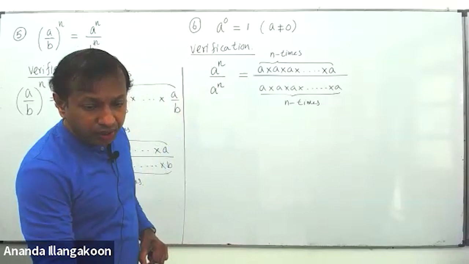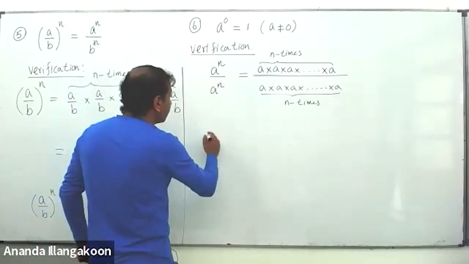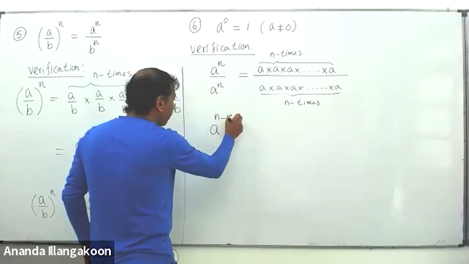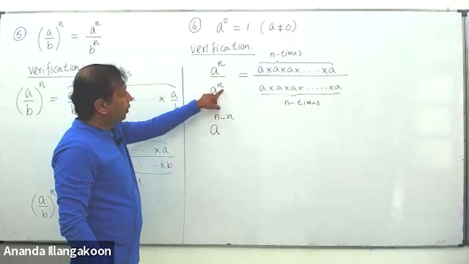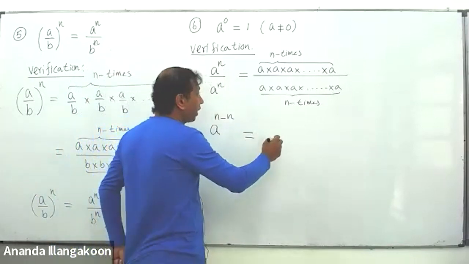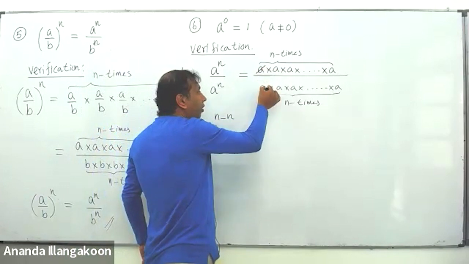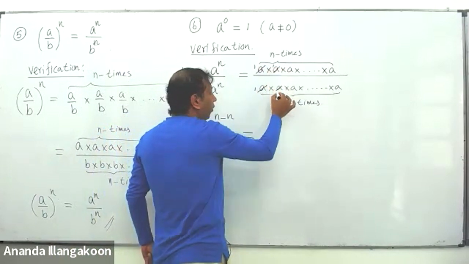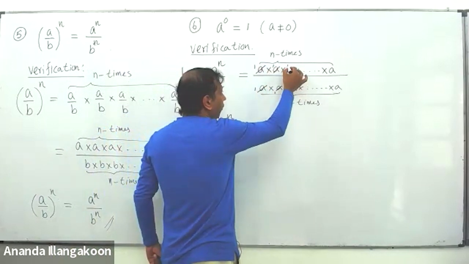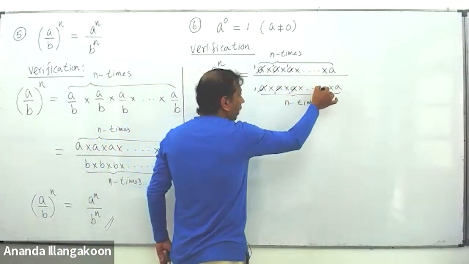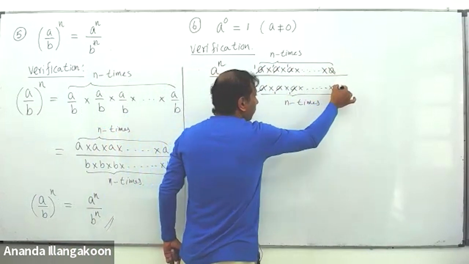Understood? That is how we prove it or get the answer. So once I apply that here, people, on the left hand side we get n minus n. Right hand side, the simplification can be done like this, people. This a with this a you can cancel, then we get 1 and 1 here. This a, 1 and 1 here. This a, 1 and 1 here. Like that, first a gets cancelled, and finally, the last a also gets cancelled.